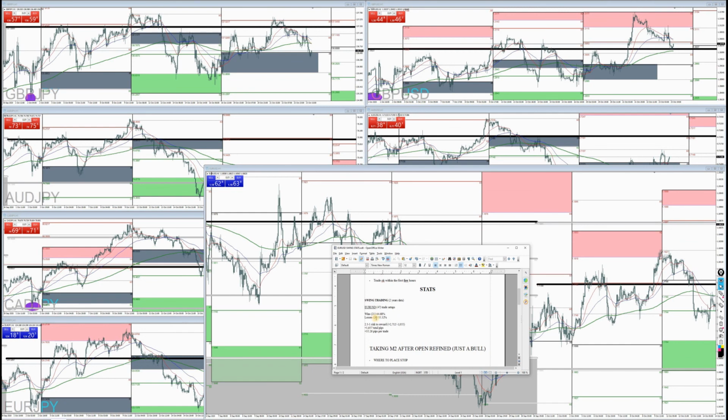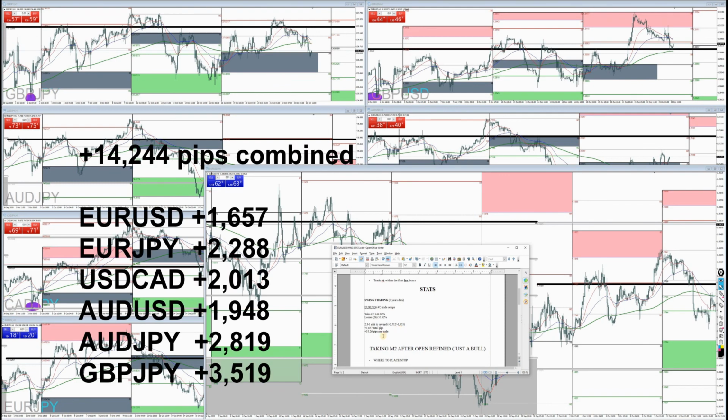I had a 44.68% win percentage with a 55.32% loss. Again, I'm not one that's too concerned about win to loss percentages. What I really care about is the end result. So this comes out to a 2.3 to 1 risk to reward, and total wins was 2,712, while I had total losses racked up of 1,055.